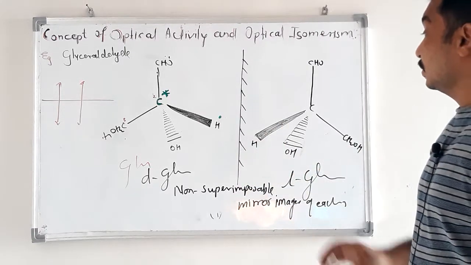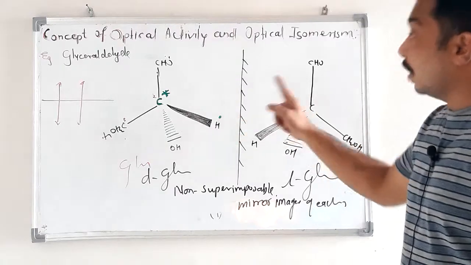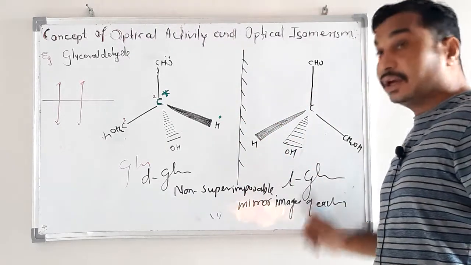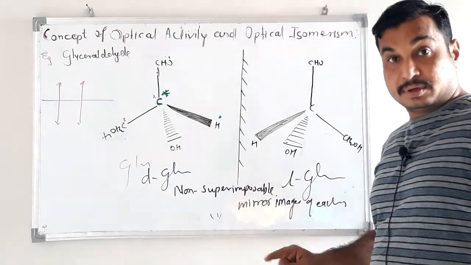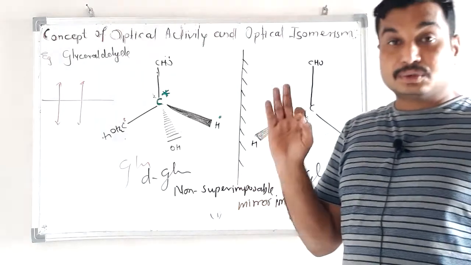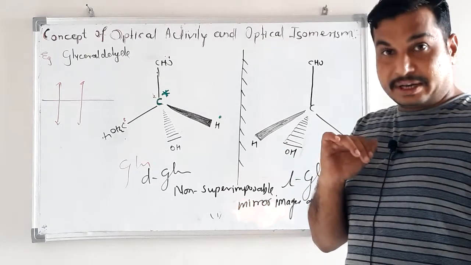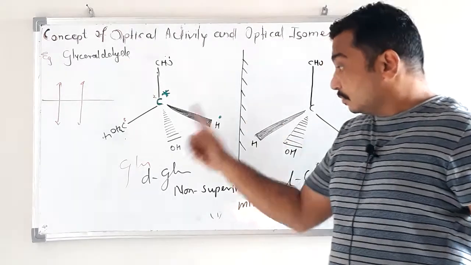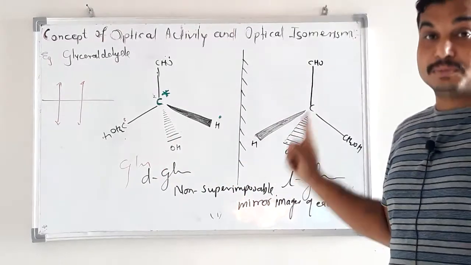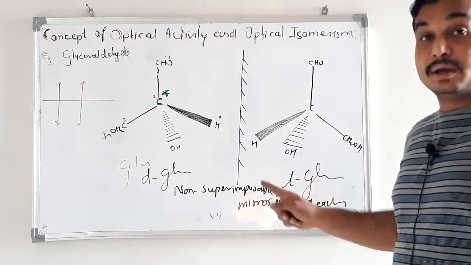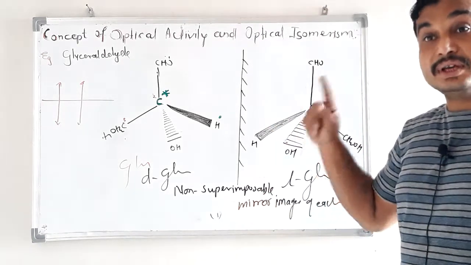So such optical isomers are non-superimposable mirror images of each other. Observe what I am telling you. These two are optical isomers and non-superimposable mirror images of each other.